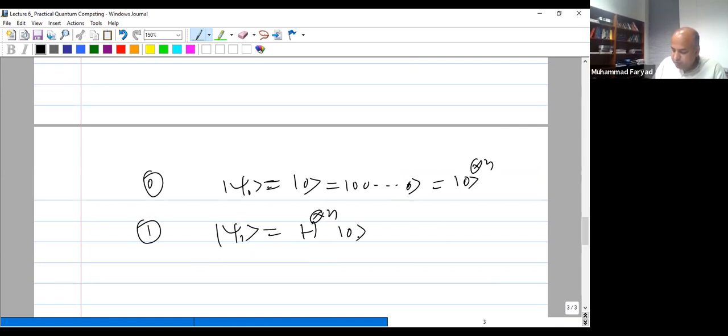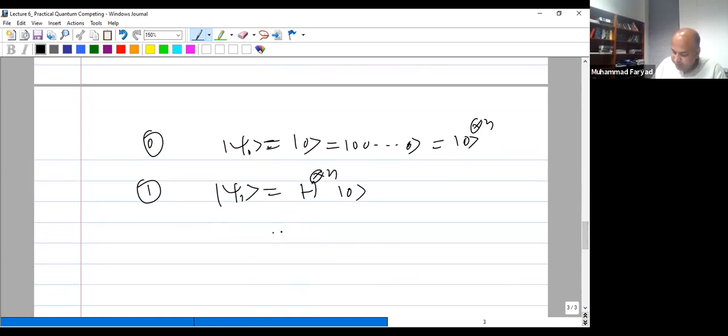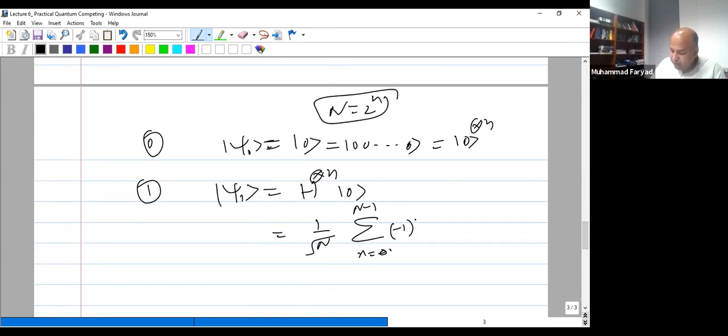gates to this state, and this will result in 1 over square root of N, sum over x from 0 to N minus 1, where this capital N is 2 to the power n, minus 1 to the power x·0, |x⟩, because we have seen this: whatever this state is, it has to be multiplied with this variable x and added over all of this to work out the correct sign.